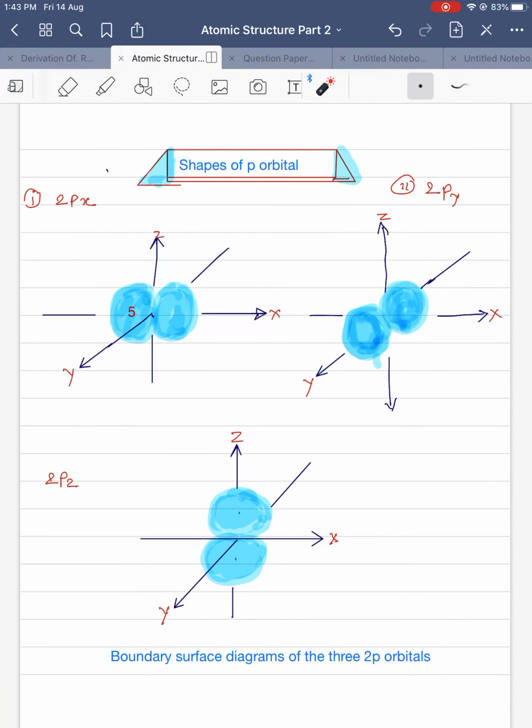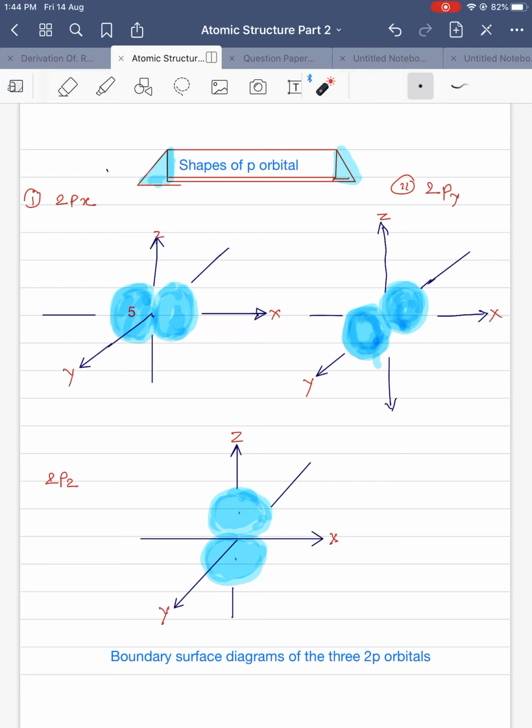Now, shapes of p orbital. These are the boundary surfaces of 2p orbitals. All p orbitals are double-lobed with a region of high electron density on each side of the nucleus.